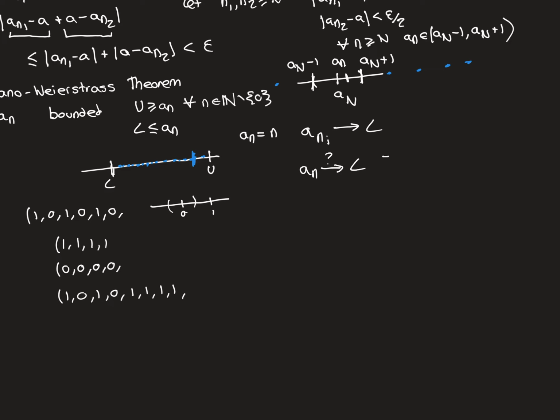Now, the intuition behind why this is going to work is here we have our limit of the subsequence L, and let's draw in blue the terms of the subsequence getting closer and closer, indefinitely close, and staying indefinitely close to that limit L. But we also know that the overall sequence is Cauchy, and therefore that the terms of the sequence are getting and staying indefinitely close to each other.